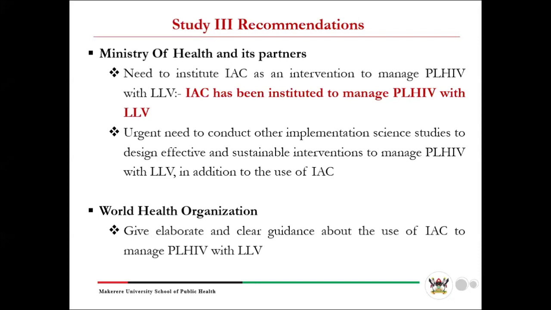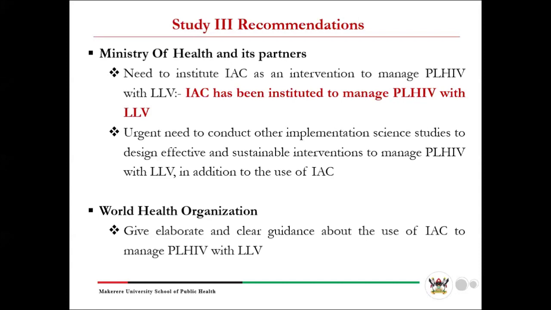And then to the World Health Organization, there is need for WHO to give elaborate and clear guidance about the use of intensive adherence counseling to manage people living with viremia. Of course, they gave the guidance that if people have a range of viral load that falls in viremia, we should institute for them intensive adherence counseling.